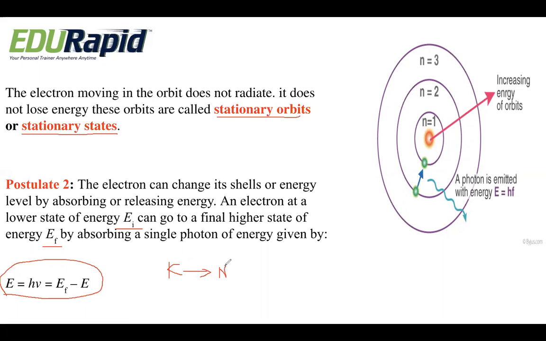So what is this h? h is a constant given by the scientist Planck, so h is Planck's constant, and nu, which is in the form of the letter v, we say as nu. This nu is the frequency of the radiation emitted by the electron when it moves from the first shell to the last shell.